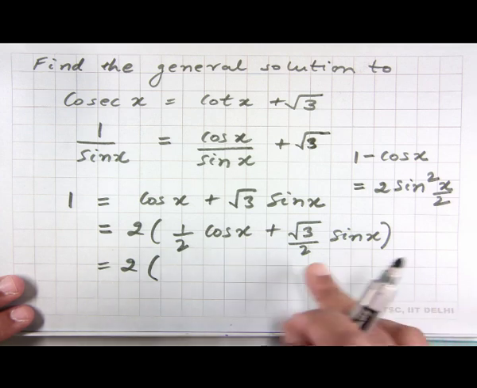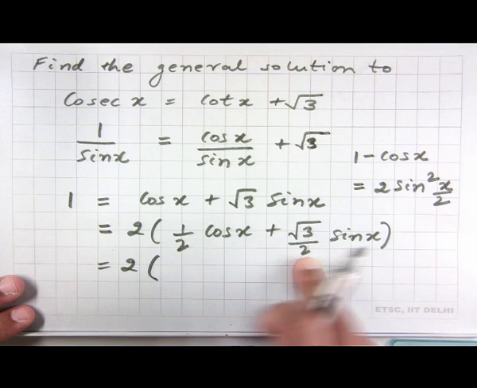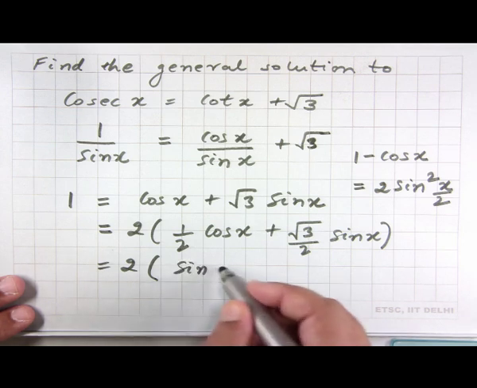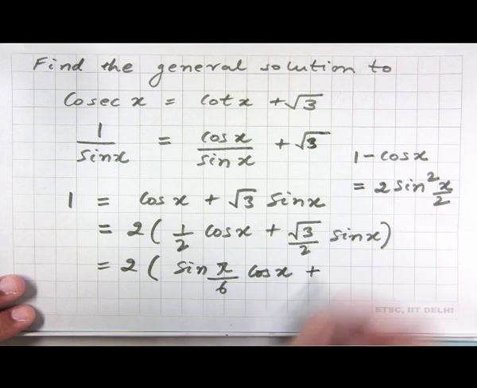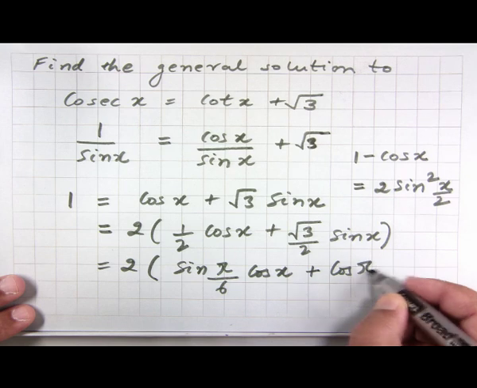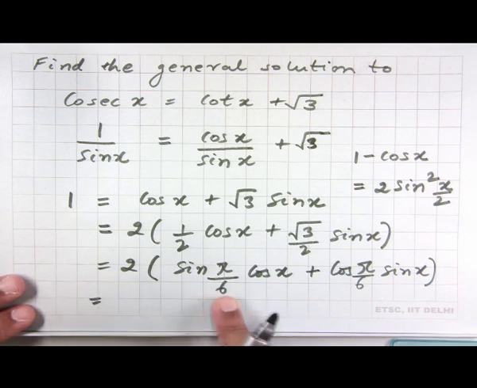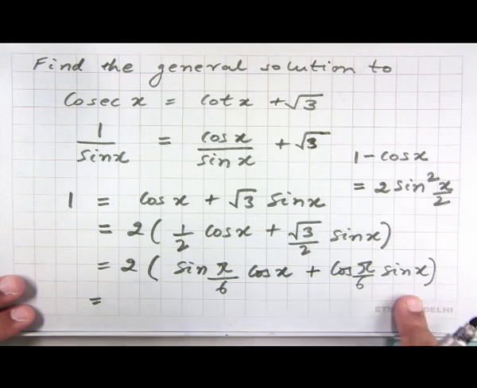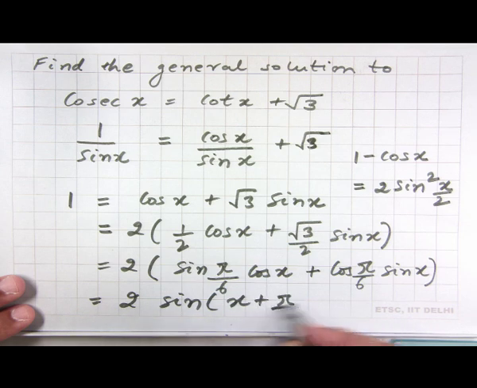We can even write root 3 by 2 as cos of 30 degrees and half as sine of 30 degrees, as sine of pi by 6 into cos x plus cos pi by 6 into sine x, and this is of the form sin A cos B plus cos A sin B. So, this thing inside the braces is sine of x plus pi by 6, 2 times sine of x plus pi over 6.